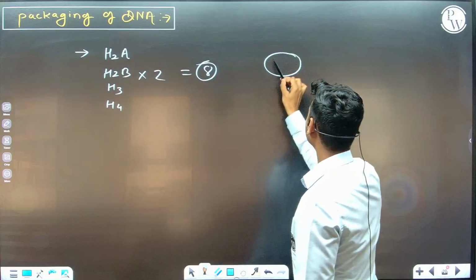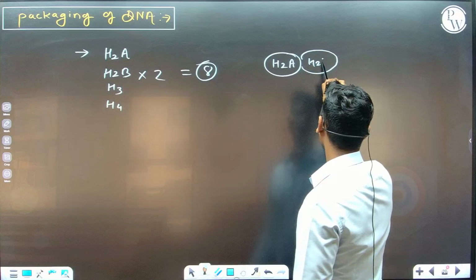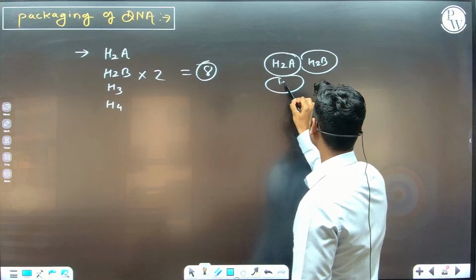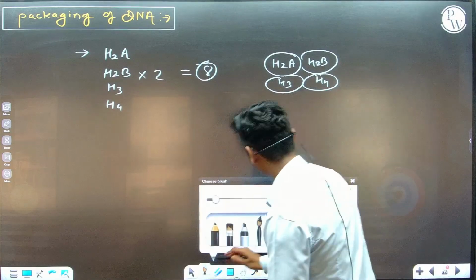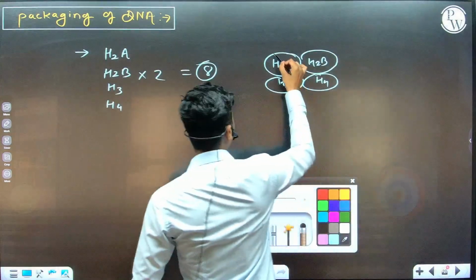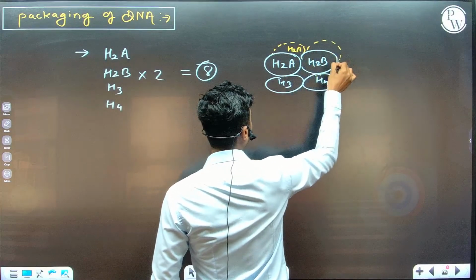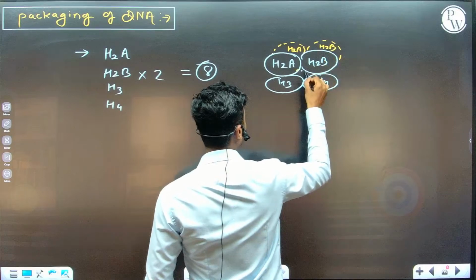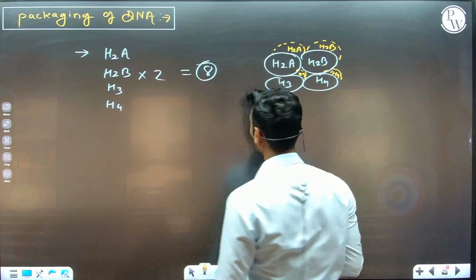Now for example, this is H2A, this is H2B, this one is H3, and this one is H4. On the above side or back side, here H2A, here H2B, H3, H4. This is the histone octamer.